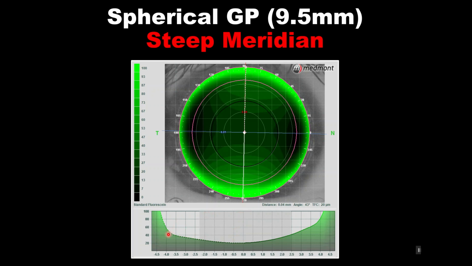Now, we're always going to have the edge lift, and that's desired. But what we don't want, throughout the optic zone of the lens, is this massive amount of greater than 40 microns of fluid that allows that lens to rock back and forth across that deeper meridian.